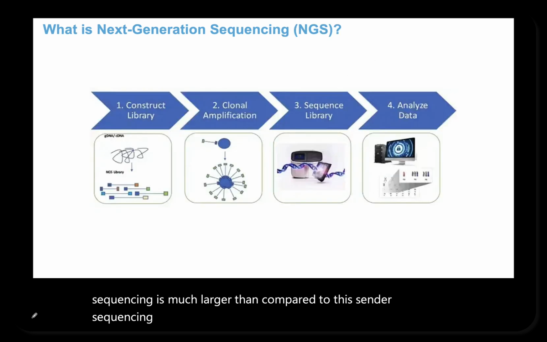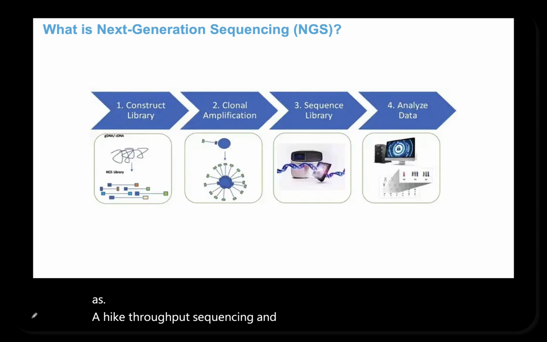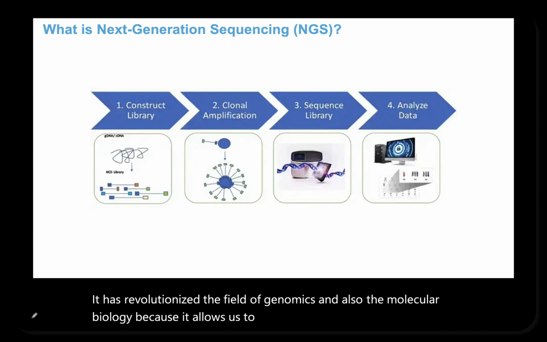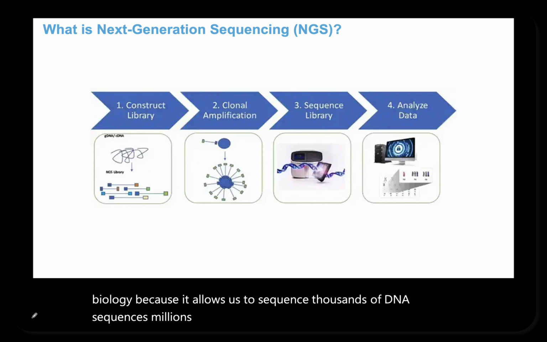Next generation sequencing is also known as high throughput sequencing, and as you can imagine, it has revolutionized the field of genomics and molecular biology, because it allows us to sequence thousands of DNA sequences, millions of DNA molecules at the same time.